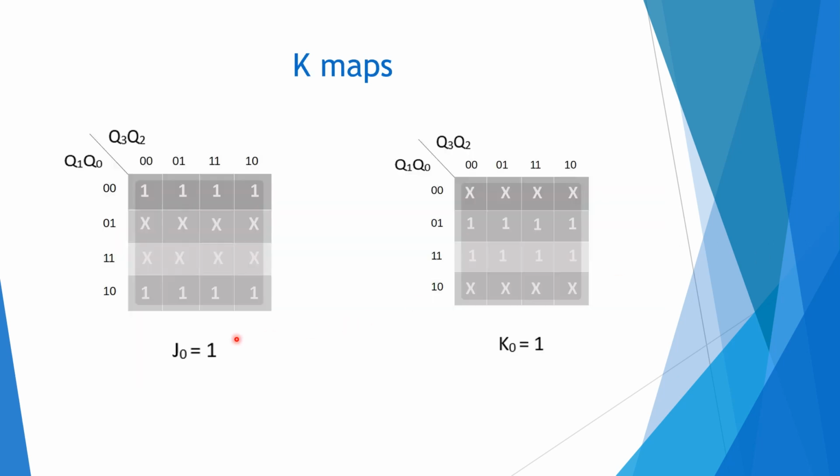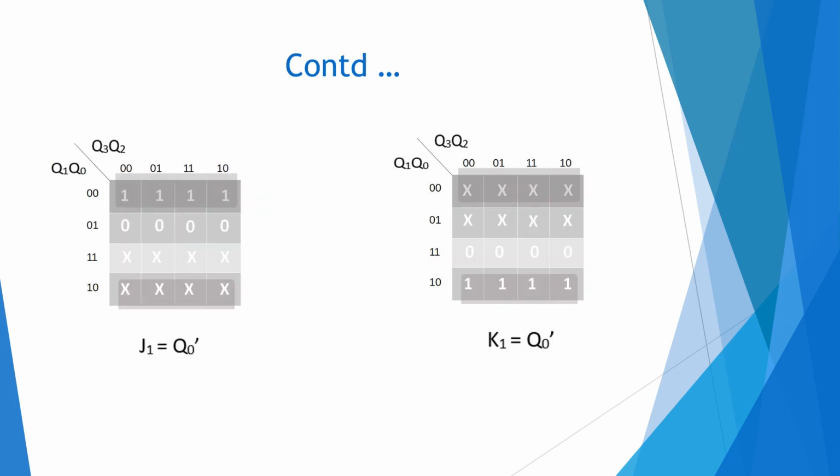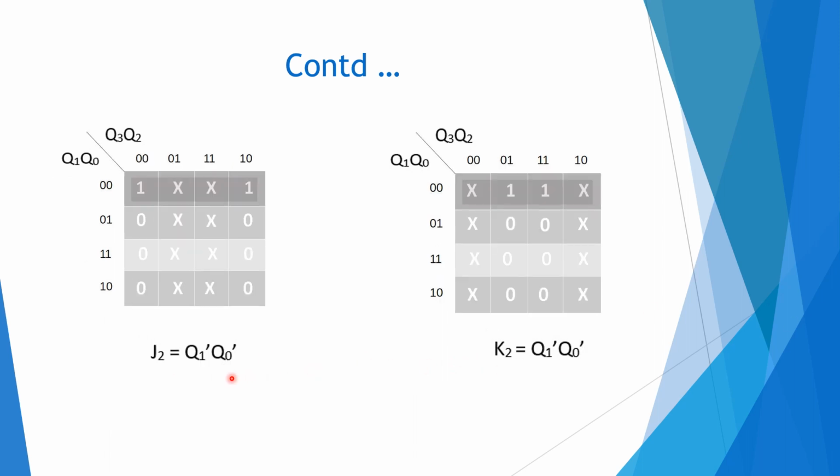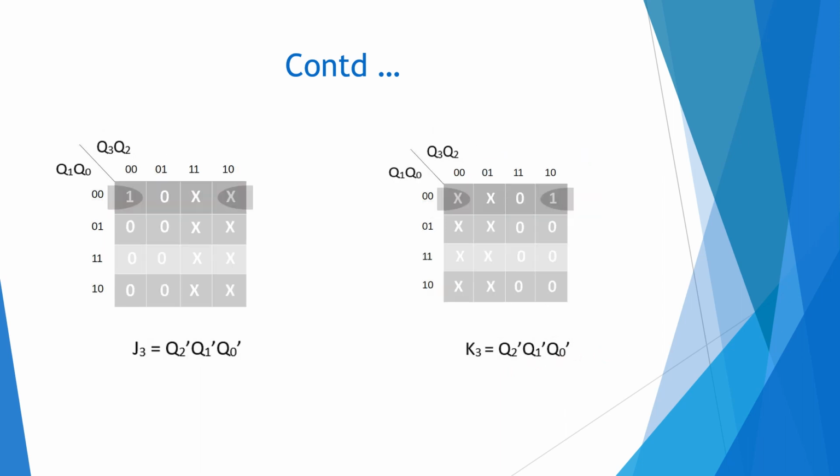So this is the K-map. This is the value of J0 K0. J1 K1 is Q0 complement, and this is Q1 bar Q0 bar. Again you can use an AND gate from the complement of the flip-flop outputs.